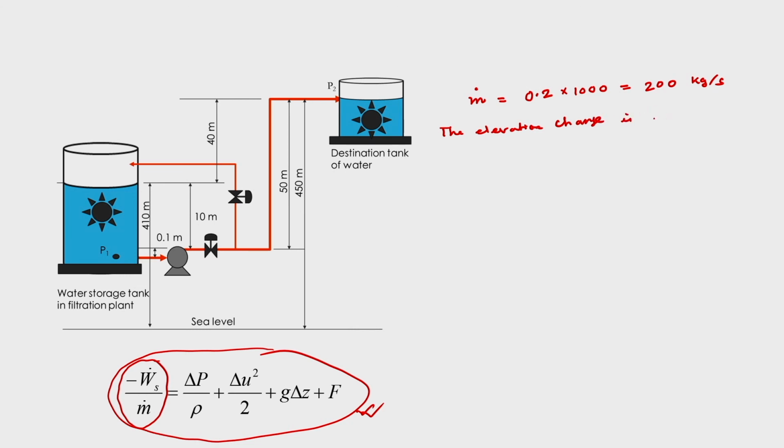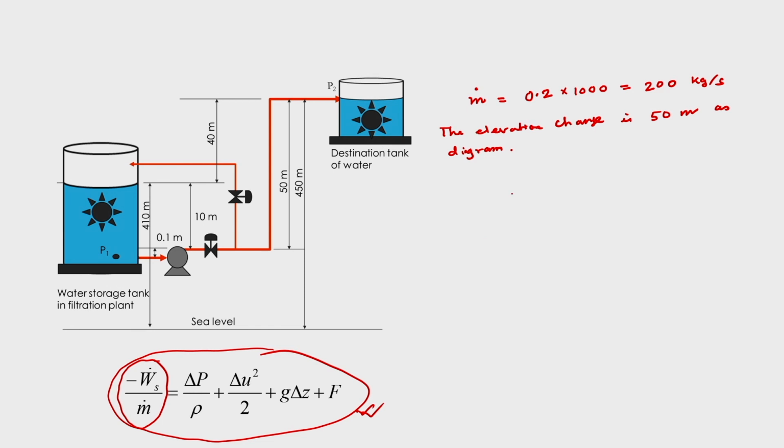The elevation change is 50 meter as per the diagram given here. So we know the mass flow rate.